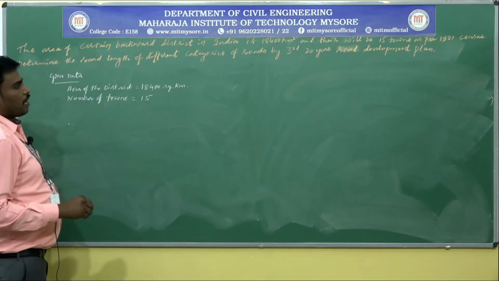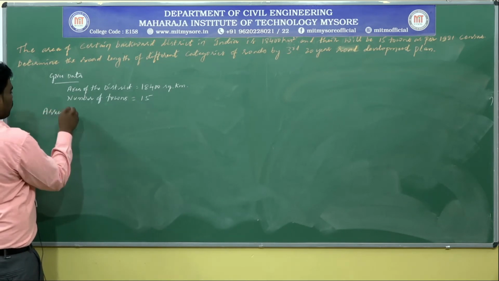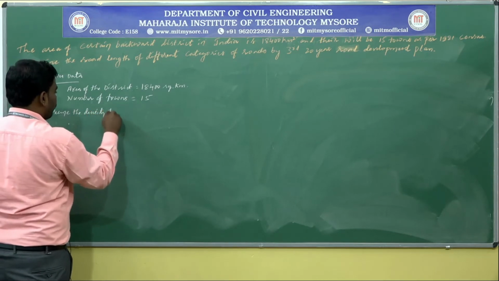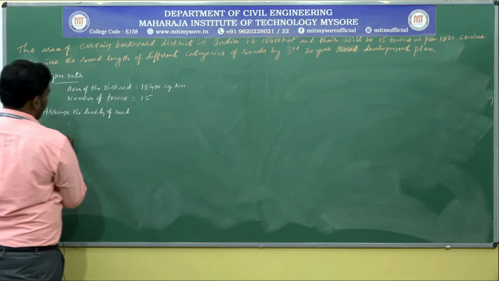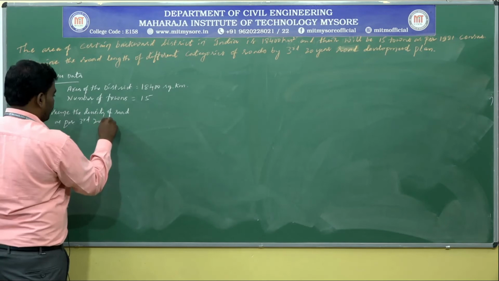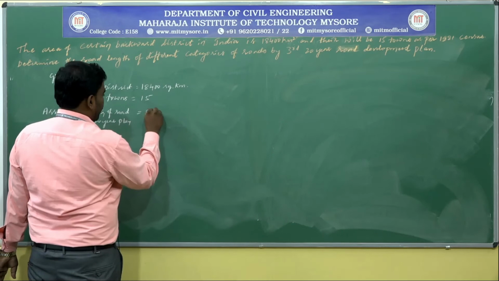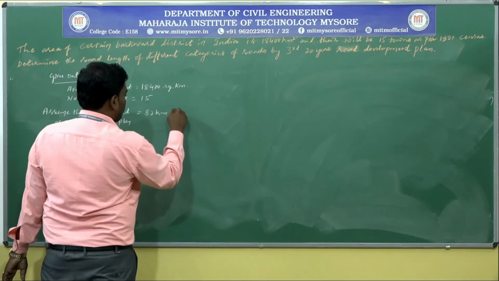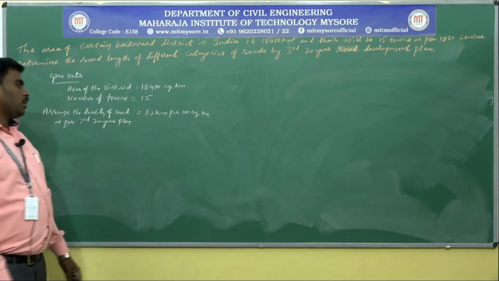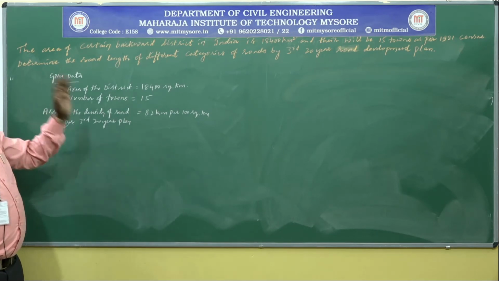They are not mentioning anything about the density, so you have to assume the density of road as per the third 20-year road development plan. It is 82 km per 100 square kilometer of area. Okay, this was the given data.